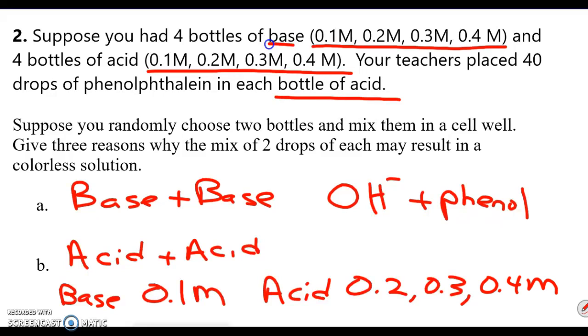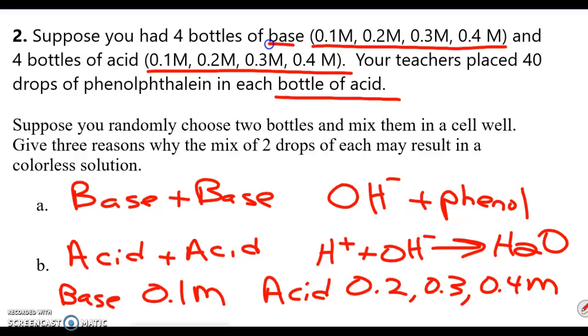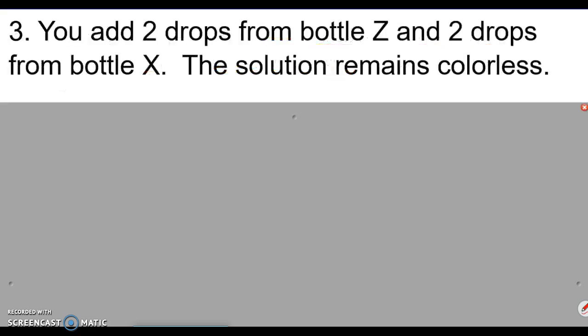When I put equal drops there, the acid, which gives up hydrogen ions, will react immediately with the hydroxide ions and turn them to water. And at the end, all of these hydroxide ions get consumed because we have a higher concentration of the acid, and therefore there would be no hydroxide ions to react with the phenolphthalein. So those are our possibilities.